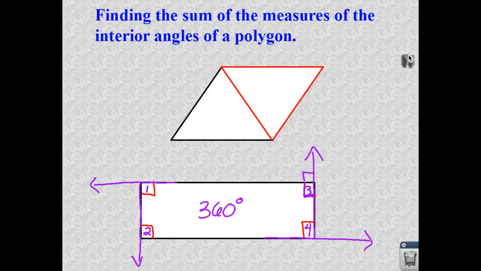And what we noted on the bottom, if it has 4 sides, we know that we have a total of 360 degrees. Now, even though this isn't a rectangle, it still has 4 sides, which means it has 2 triangles, and each triangle is 180 degrees. And when you put those 2 triangles together, you get a total of your 360.